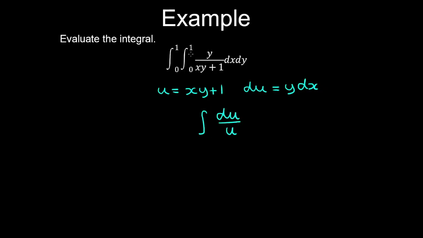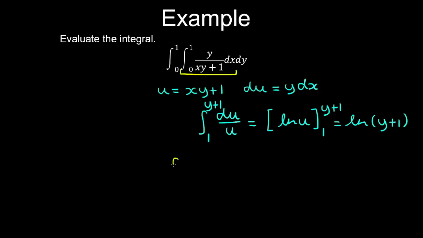For the limits of integration, when x is equal to 0, u is equal to 1, and when x is equal to 1, u is equal to y plus 1. So evaluating this gives the natural log of u evaluated at 1 and y plus 1, which evaluates to the natural log of y plus 1.